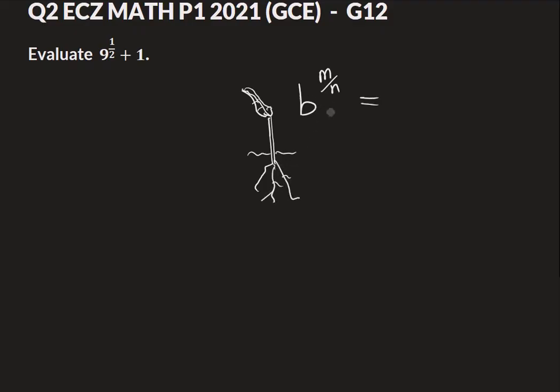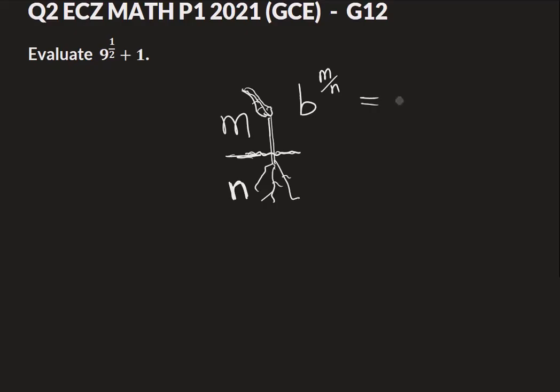So the number at the bottom of a fraction, you can see this soil here is representing our division sign. The top part is representing our top. So we have the m, the soil, and the n here. Very easy way to remember.